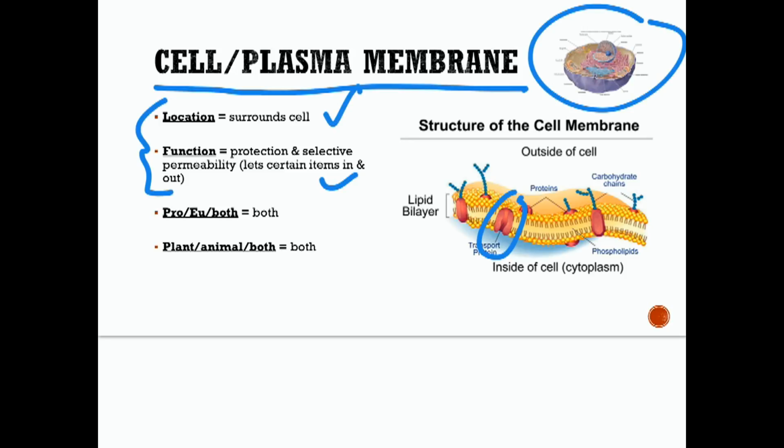Under the prokaryotic, eukaryotic, or both column, go ahead and write both. Both types of cells have a cell membrane. And under the plant or animal or both column, you can also write both. Both the plant and animal cell will have a plasma membrane. So you can pause on each slide and finish writing in the content if I go too fast.